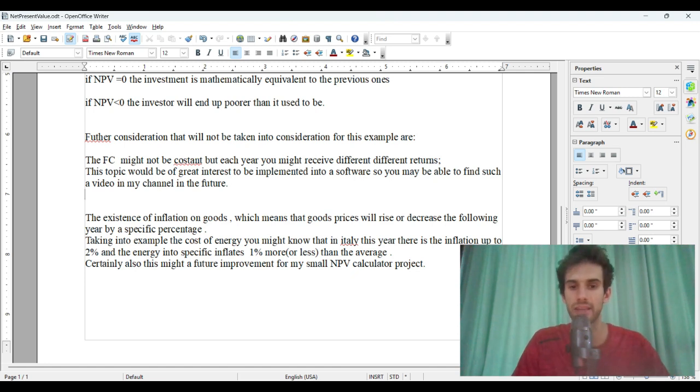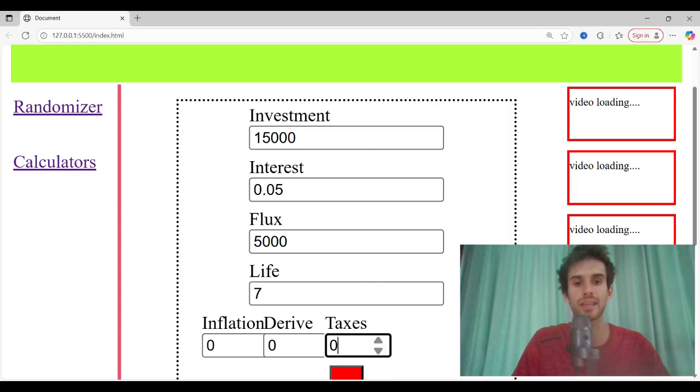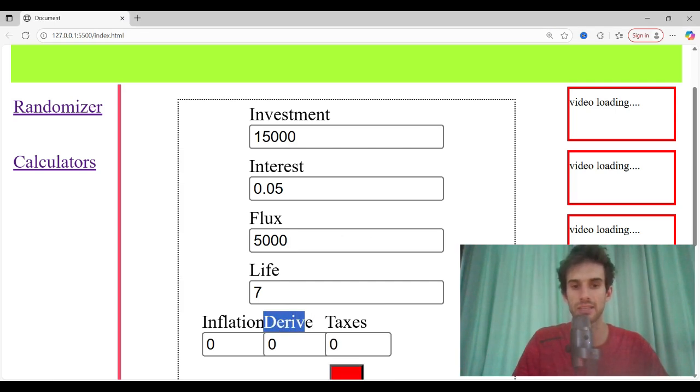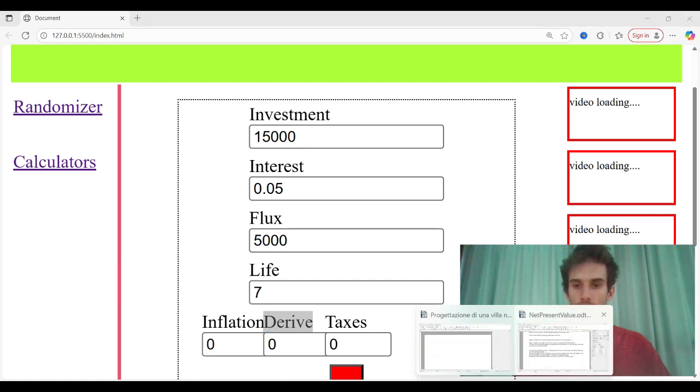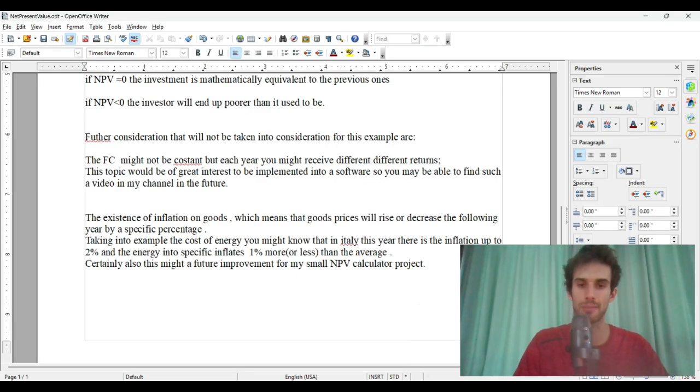And the derive is still the inflation, but it is the inflation of your specific good. So to explain it well, for example, here I'm saying the cost of energy in Italy. In Italy there is an inflation of 2%, okay, but the energy specifically inflates 1% more, so it has 1% of derive, or minus 1%.